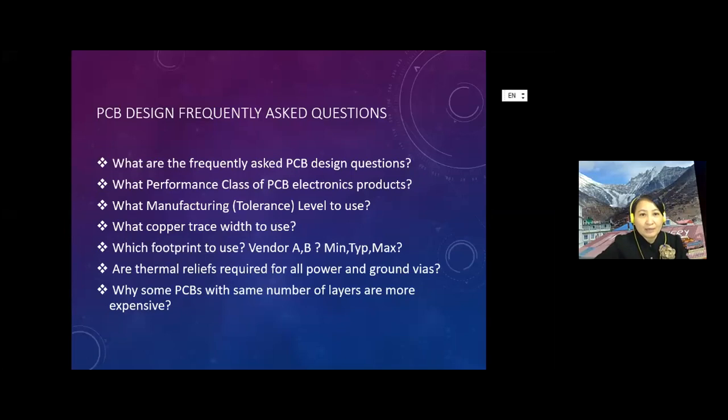We have people designing class 1, and then you have class 2, and then class 3 is about 40%. So the majority, maybe you're in class 2, which is actually the default category of electronics product performance class.